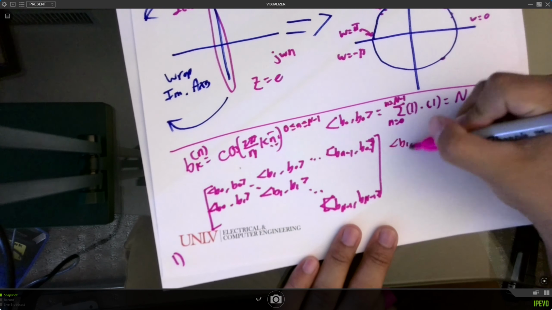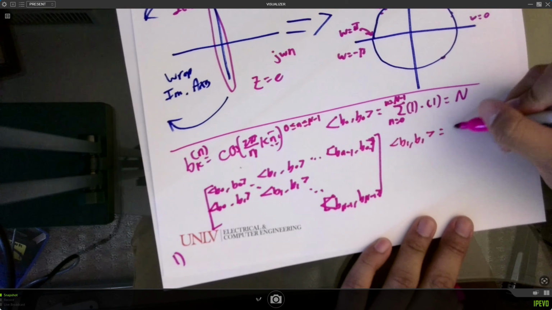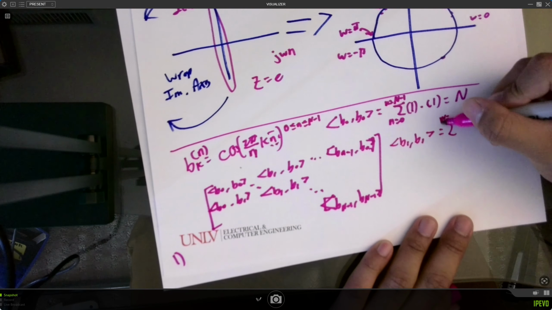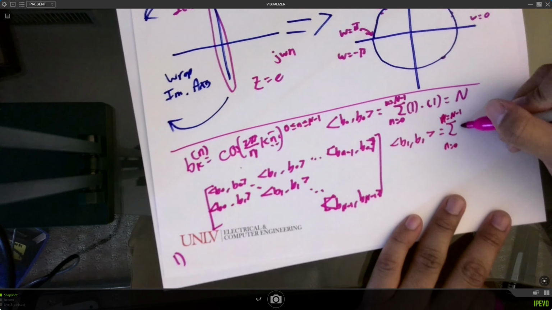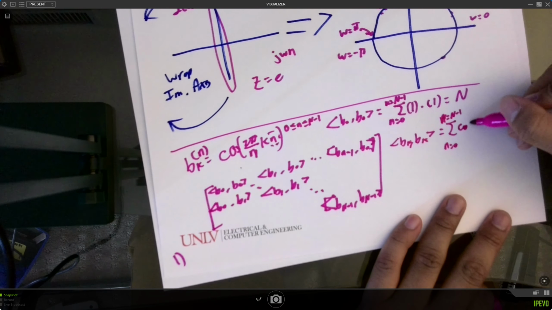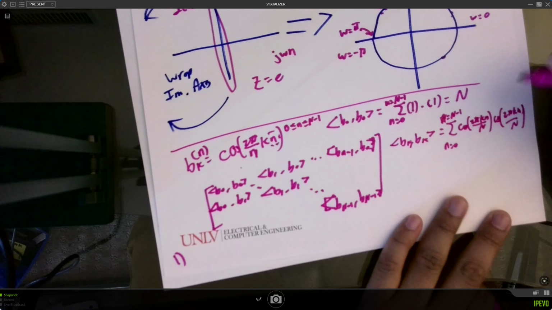Let's see, b of 1, which is equal to the sum over lowercase n from 0 to n minus 1. Cosine, let's actually do it for any k value. Cosine 2 pi kn over n and cosine 2 pi kn over n.